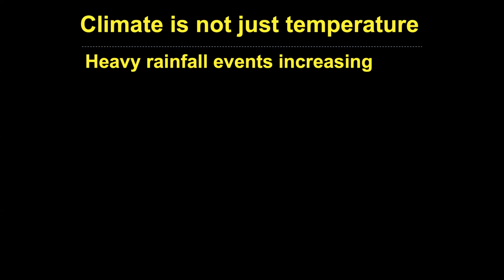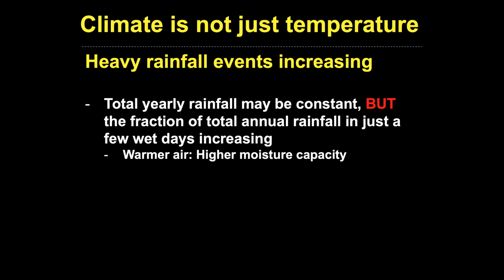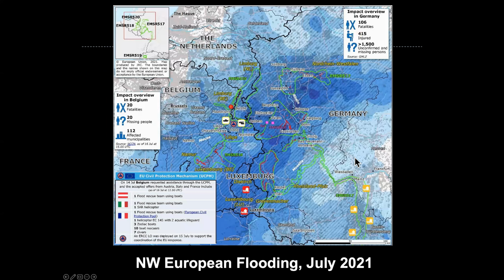Heavy rainfall events are increasing. Again, we already addressed the idea of warmer air, higher moisture capacity. Here's an example from northwestern European flooding in July of 2021. So this would be in places like Germany, the Netherlands, Belgium, and France. It gives you a sense of the impact on fatalities and injuries and, of course, infrastructure.